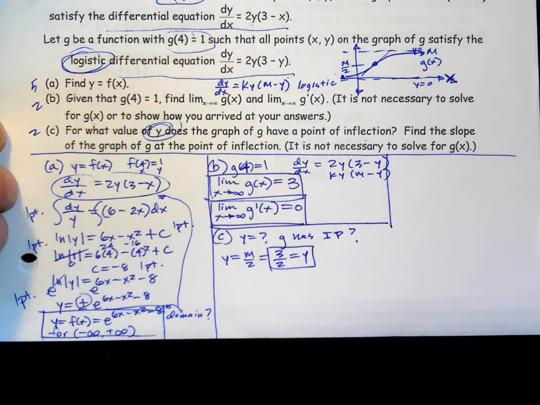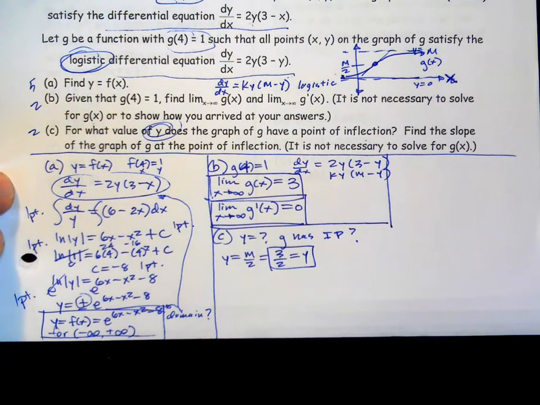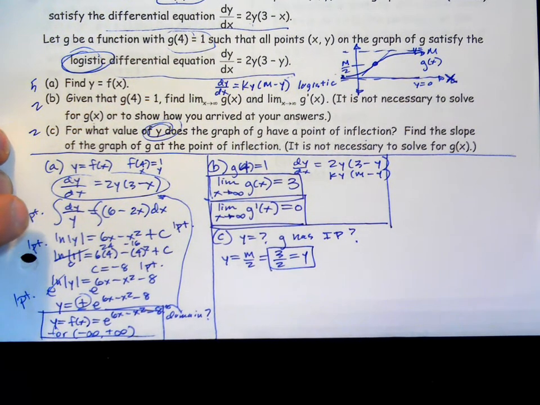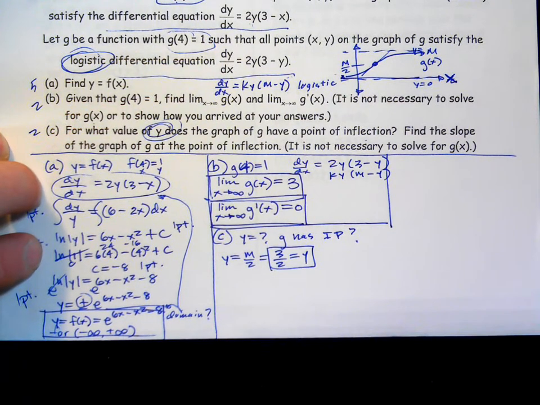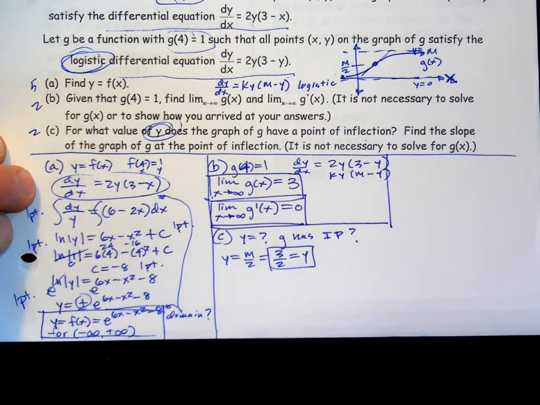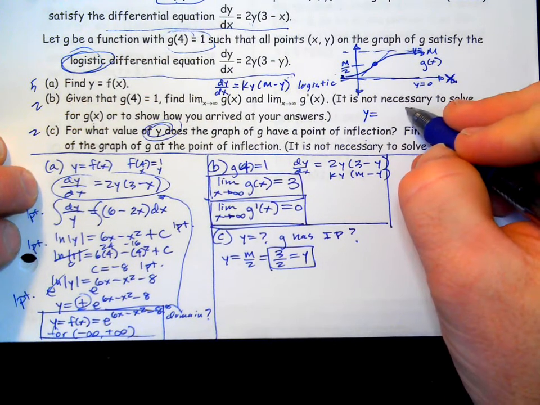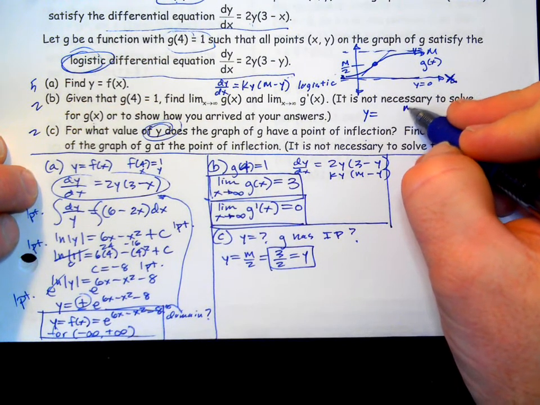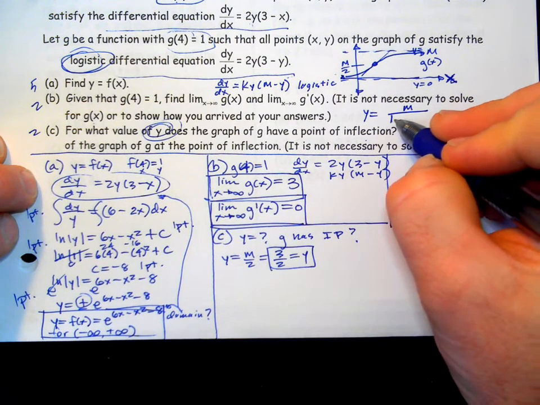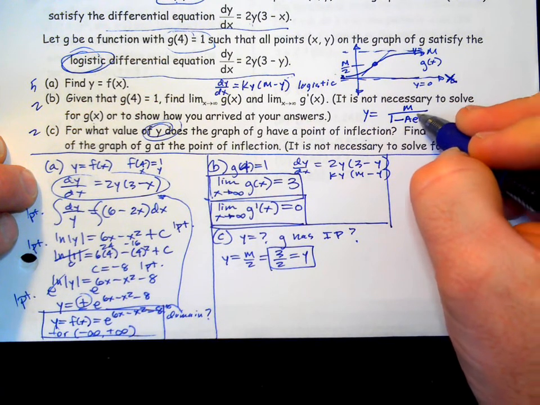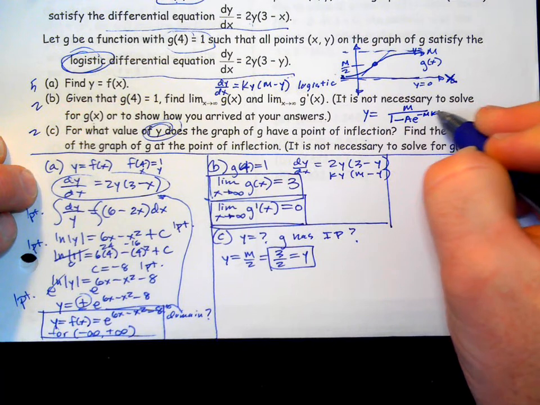Finding the x coordinate is much more work. We usually set the y value to that and use the logistic growth model, which I don't think you actually have to use on the AP test, even though we've kind of memorized it. I don't know if you guys remember it: y equals M over 1 minus a e to the negative Mkt, I believe.